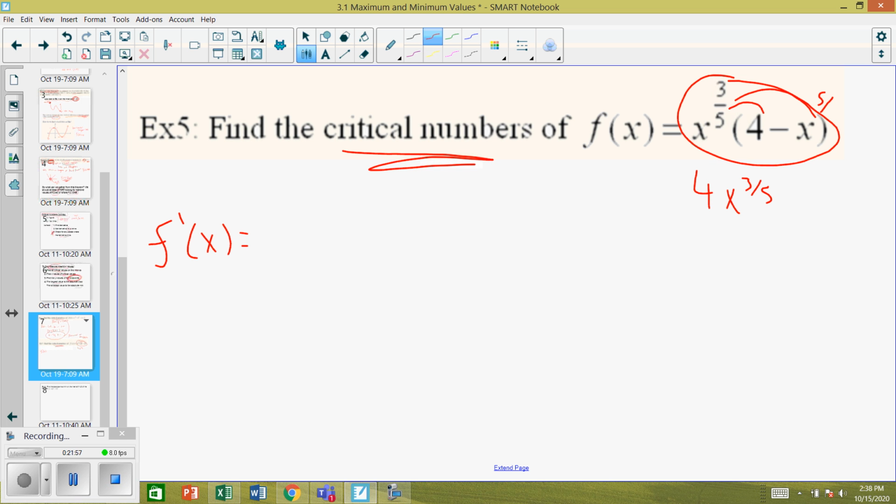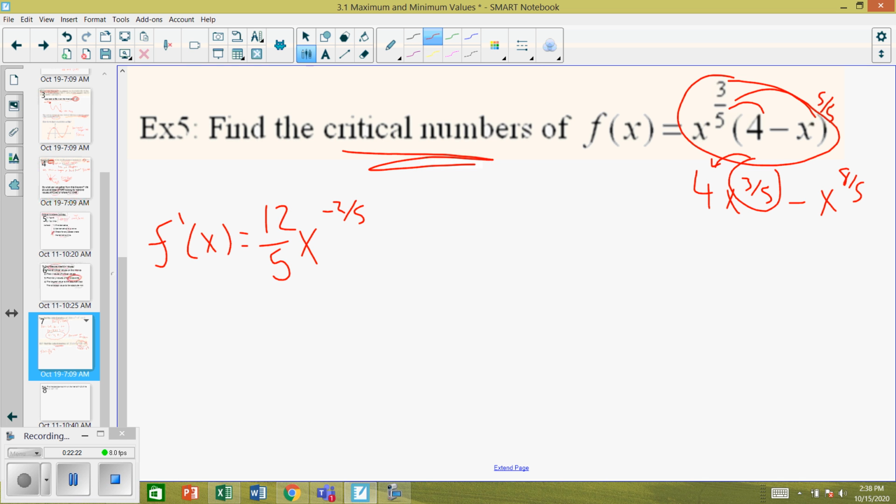We can say this is x to the 5/5. If I multiply those, we're really adding the exponents. So that's going to be x to the 8/5. I think that's going to make our life a lot easier to take the derivative. If I take this derivative, bring the power down, so 4 times 3/5 is going to be 12/5 x, and if I subtract a power from that, it's going to be negative 2/5.